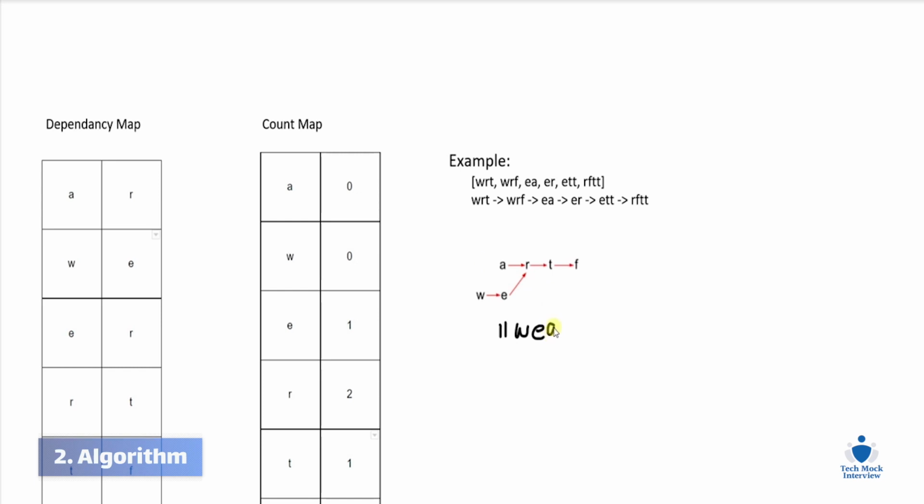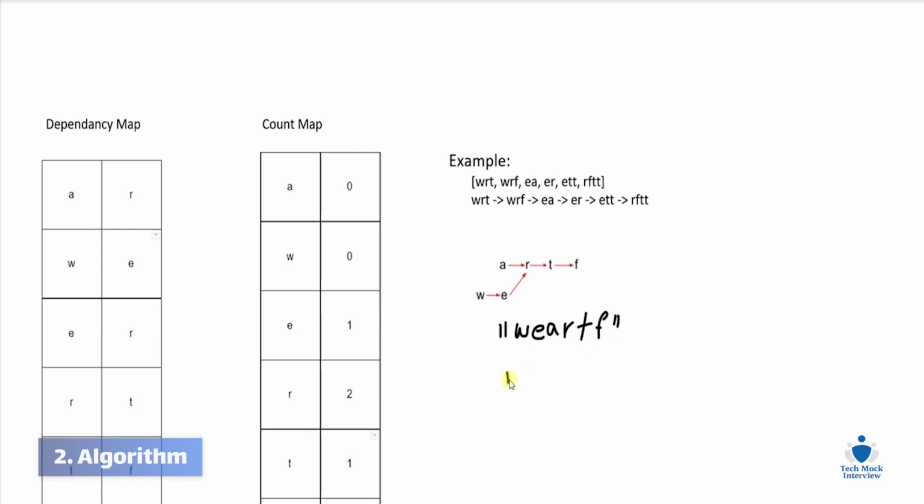Now keep in mind, this is one of the two possible solutions, and we're going to go over the other one. After that, we have R, and then T, and then F. So this is the first solution.